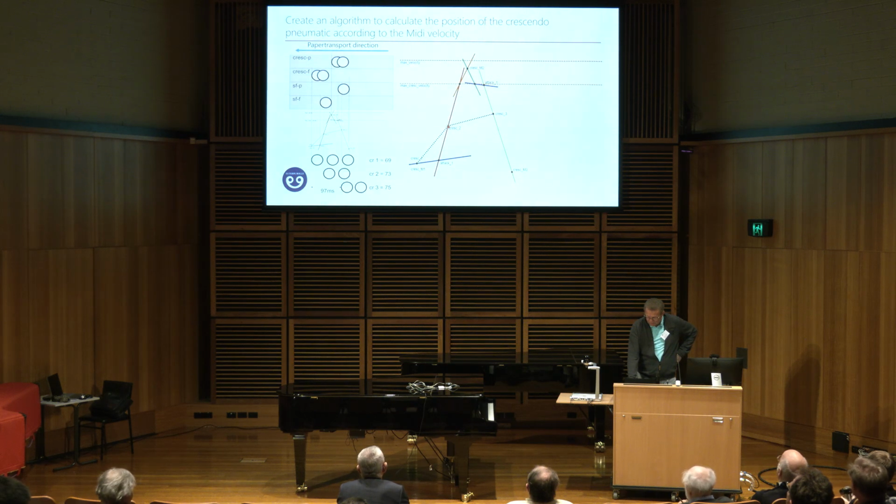Because the hole continues, the pneumatics will further close crescendo until crescendo moment 2 is reached, and that's at this point. However, there is something else going on. The orange dotted line shows the maximum value of the crescendo.